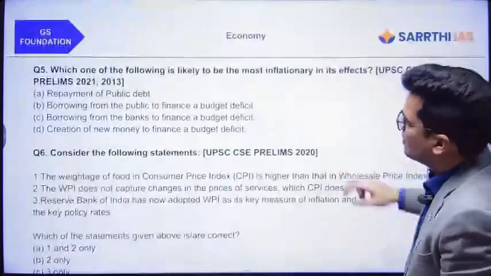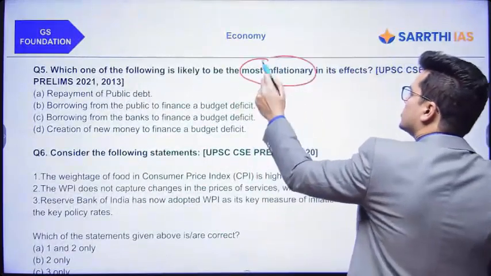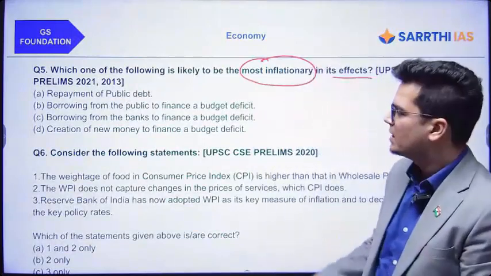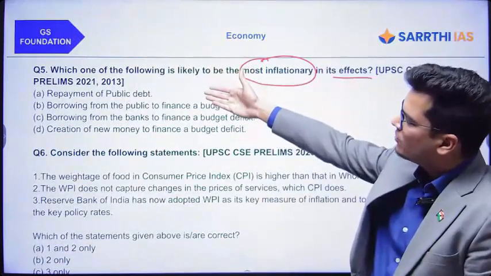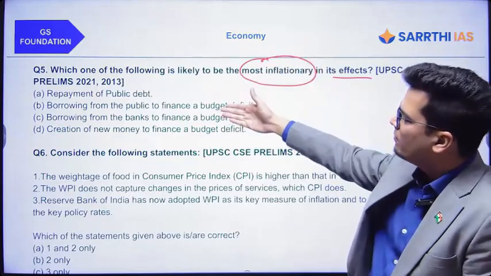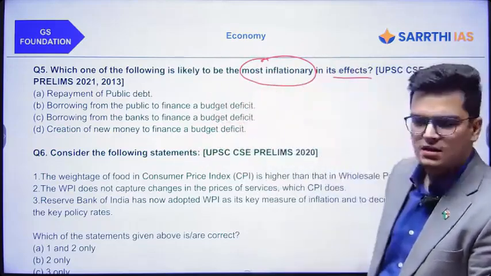Next, which of the following is likely to be most inflationary in its effect? सबसे ज्यादा inflationary इस सब में से क्या होगा? Let's look at the options. Repayment of public debt, borrowing from public to finance a budget deficit, borrowing from banks to finance a budget deficit, creation of new money to finance a budget deficit.